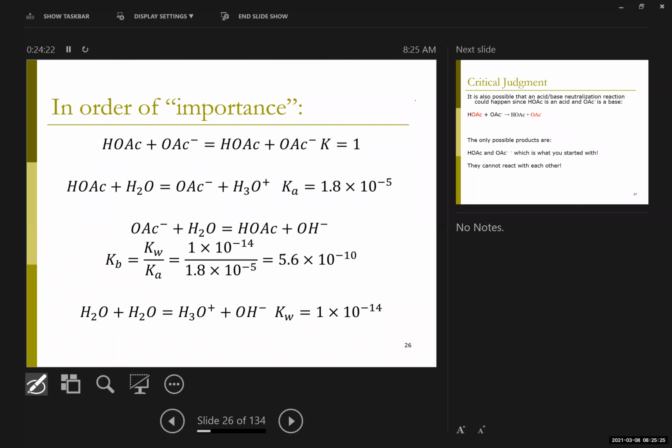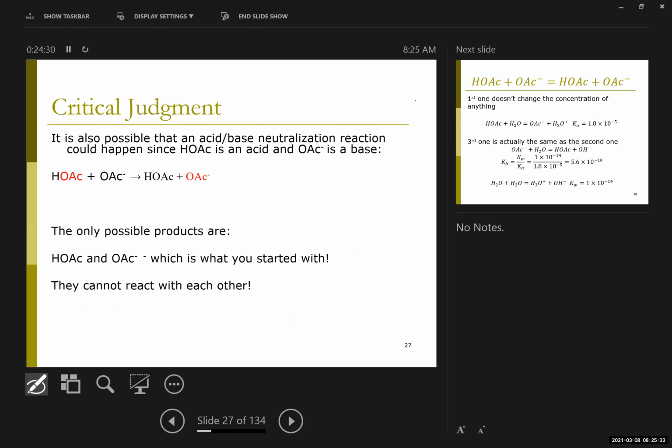And so if you want the brute force approach to things, start with the top reaction and work your way down. The thing about the top reaction is you could solve it, but it doesn't really change anything. I mean, if I were to set up my ice chart, it's 0.1 and 0.1, it's the same beaker.